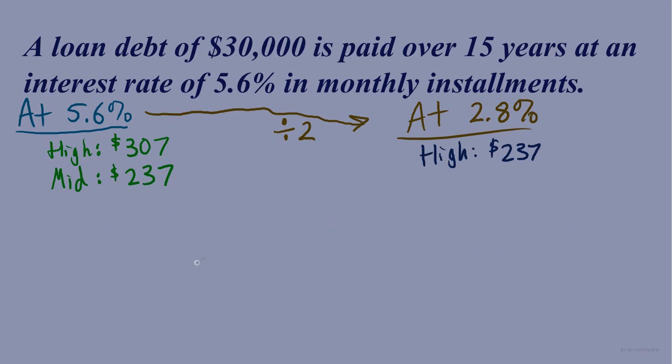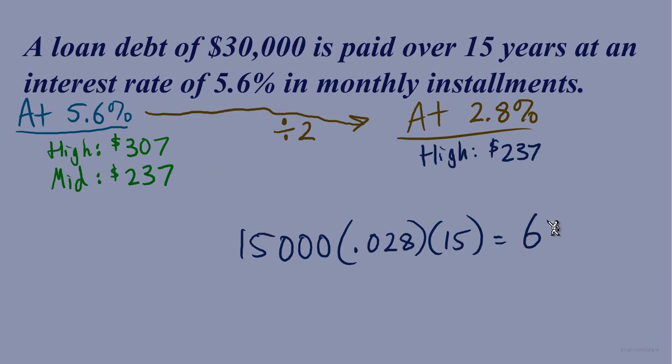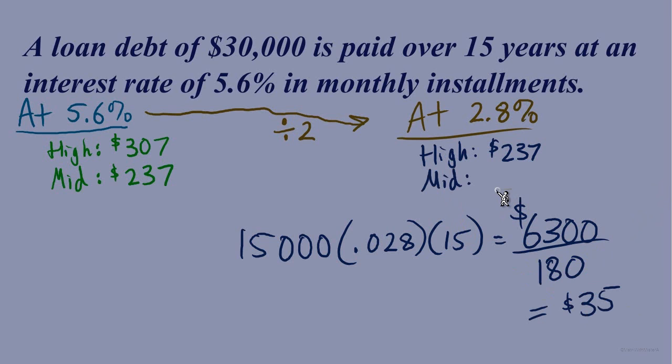To get a more average estimate, we'll take what might be the average loan balance of only $15,000. And same thing this time, we're going to end up with half of what we had before, $6,300 total interest, and spread out over 180 monthly payments, we get $35. Combined with the $167 toward the balance, we get an estimated monthly payment of $202.